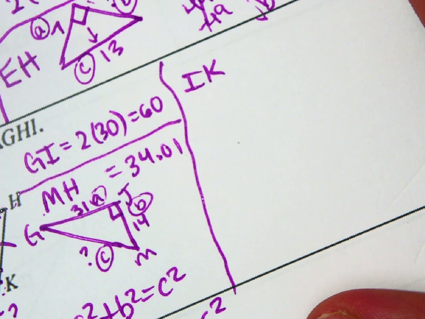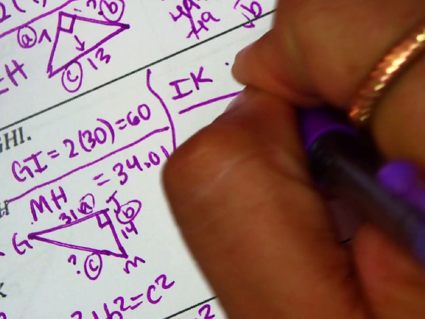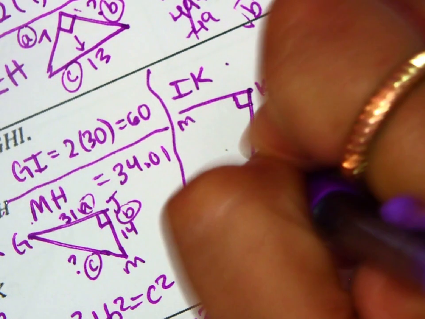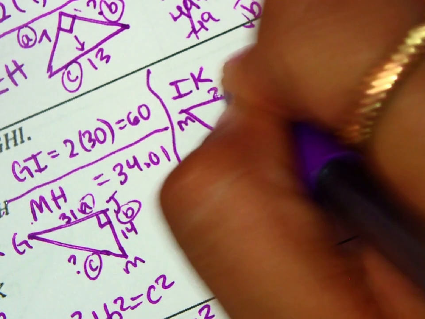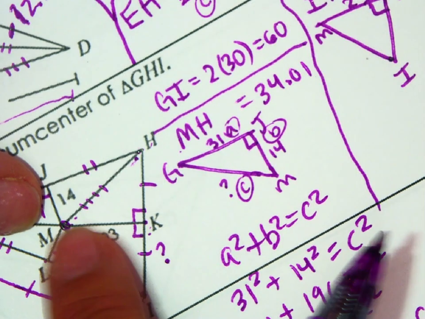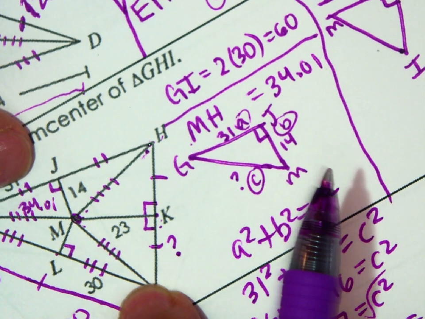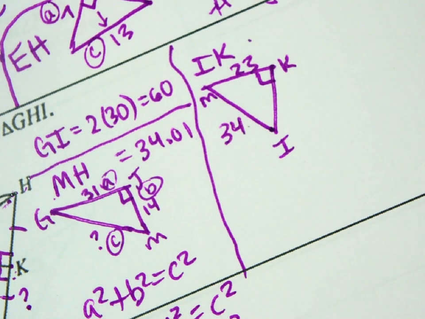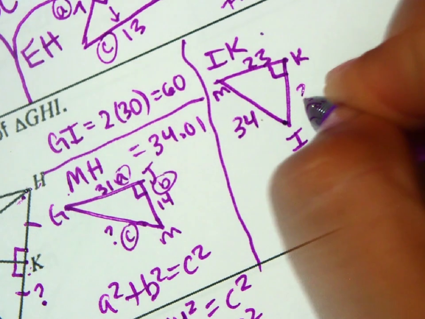IK is going to be analyzed by looking at the triangle from M to K to I. We know that this distance right here is 23, because that's what it shows. MK is 23. We know that this distance is 34.01, but let's just round it to 34, just to not work with that decimal for now. And then IK is what we're trying to find out.